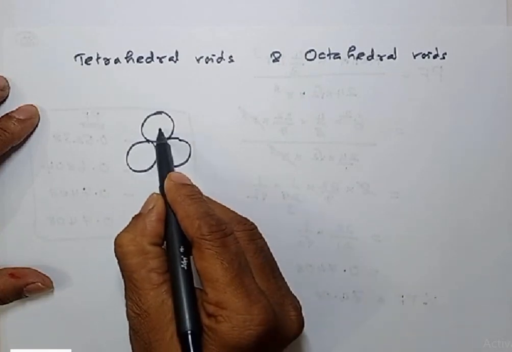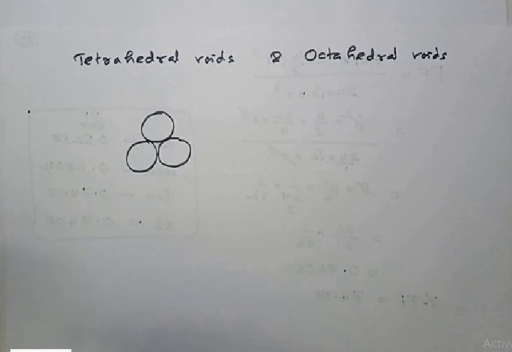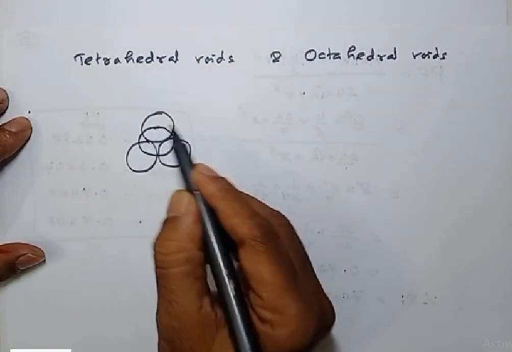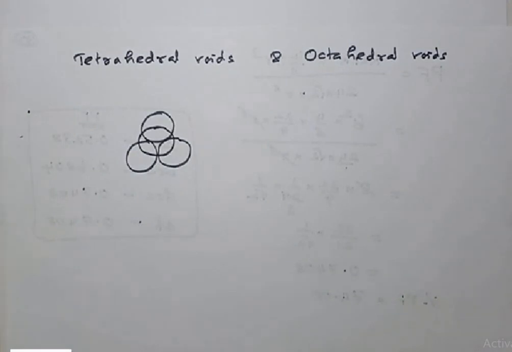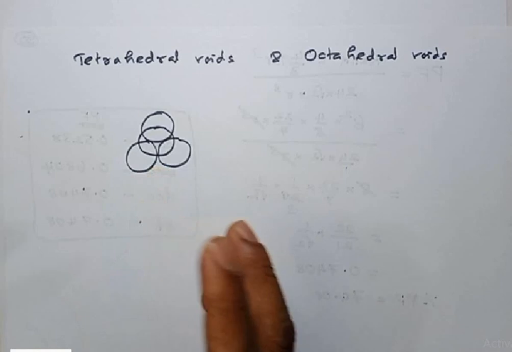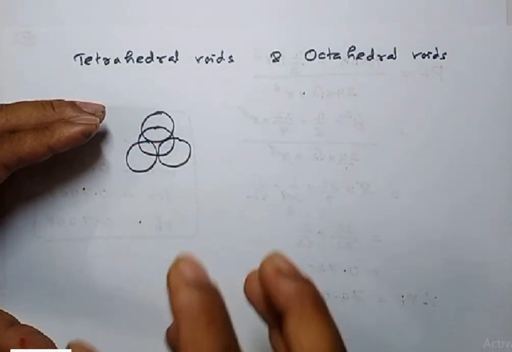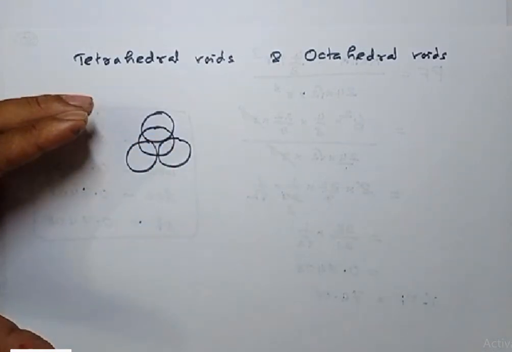Now I'll place an atom in the depression also. They are all similar atoms. Observe carefully. First you take 3 balls and keep them close. You will get a depression. In the depression you place another ball.